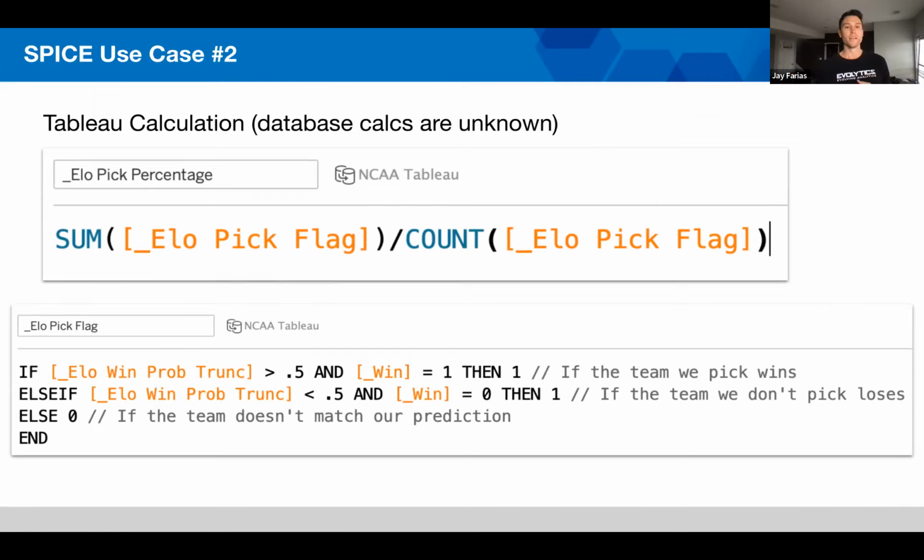If the team we pick wins, which is this first case, then we're going to return a 1. If the team we don't pick loses, then we're going to return a 1. And we're going to return a 0 for all other scenarios, right? So if we get it right, we get a 1. If we don't, we get a 0. And so this is going to return 1s and 0s. And so the sum and the count: sum's going to be our corrects and the count's going to be the total.